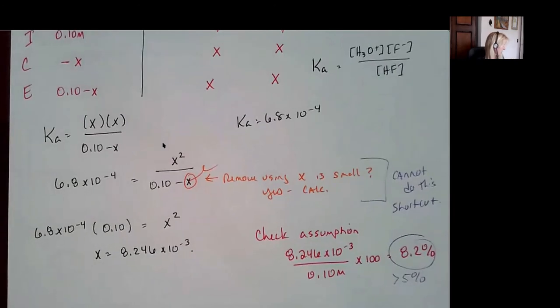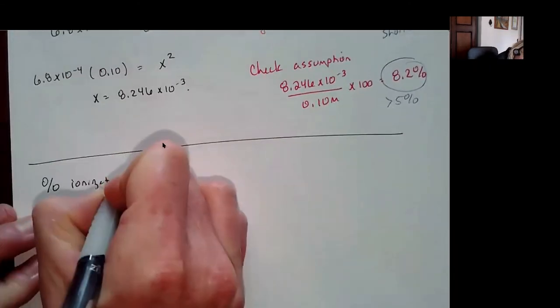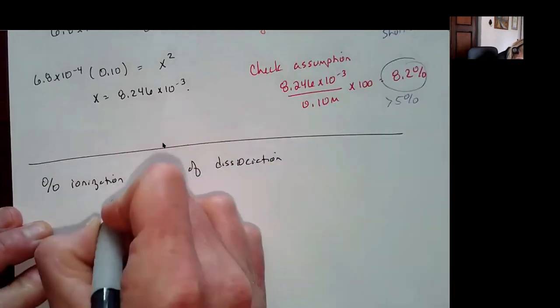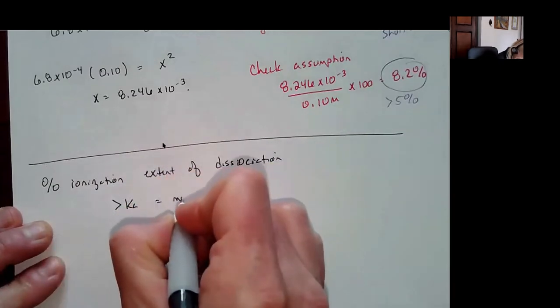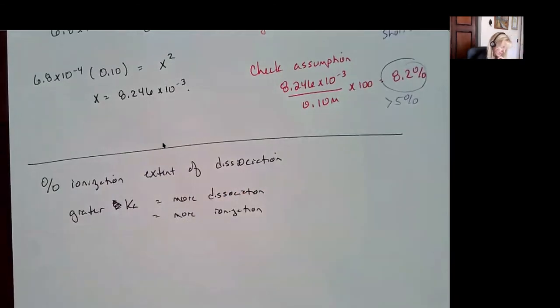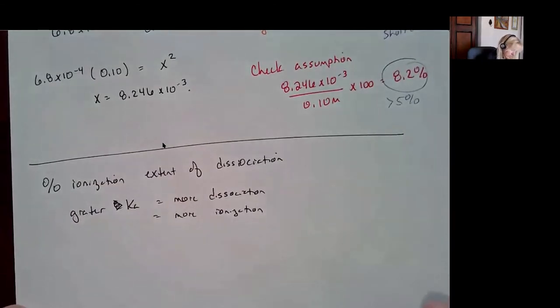Like I said, we'll do a lot of these calculations when we come together for our Zoom meeting. So percent ionization. This is the extent of dissociation. So the greater the Ka, the more dissociation, more ionization. The smaller the Ka, the less dissociation, and that's going to be less. And the way that we're going to calculate this is we're going to take the ratio of ionized acid to the initial concentration.